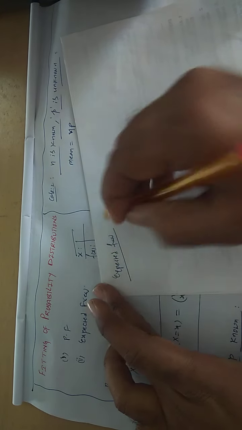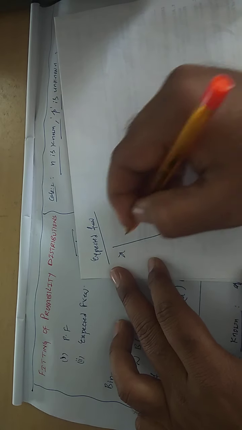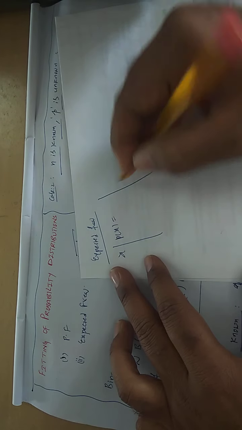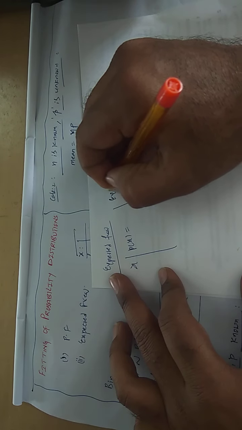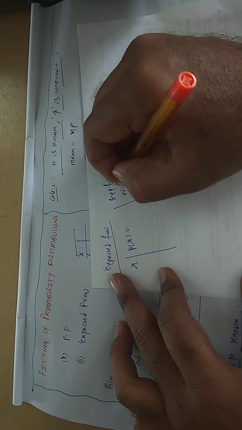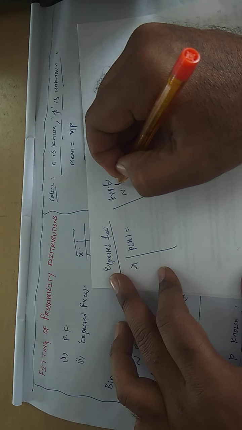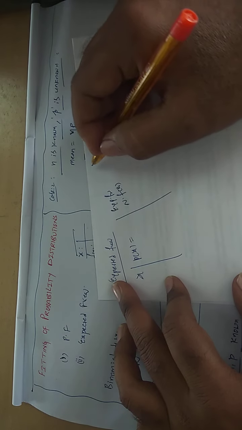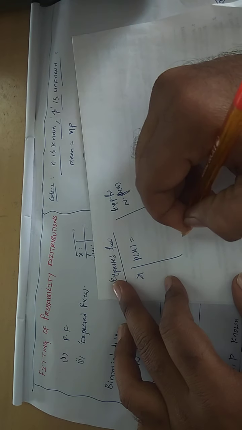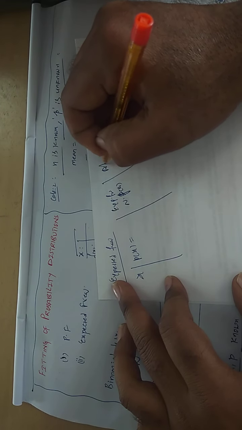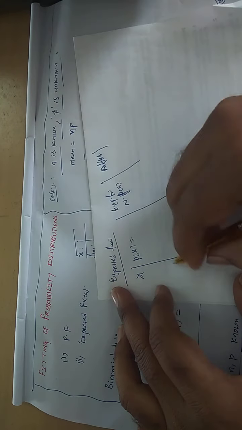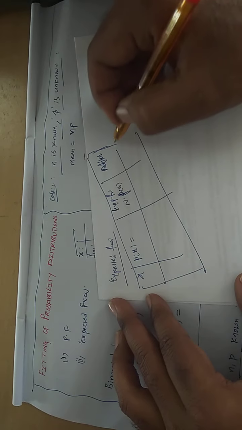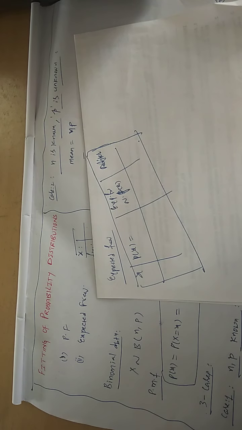First write down the x value and its probability value. Next you calculate expected frequencies. What is the formula? N into p of x. And finally you adjust. So this is the standard table format for calculation of the expected frequencies.